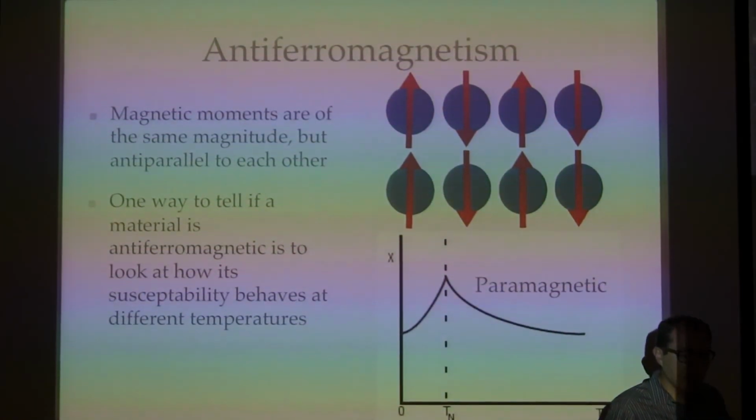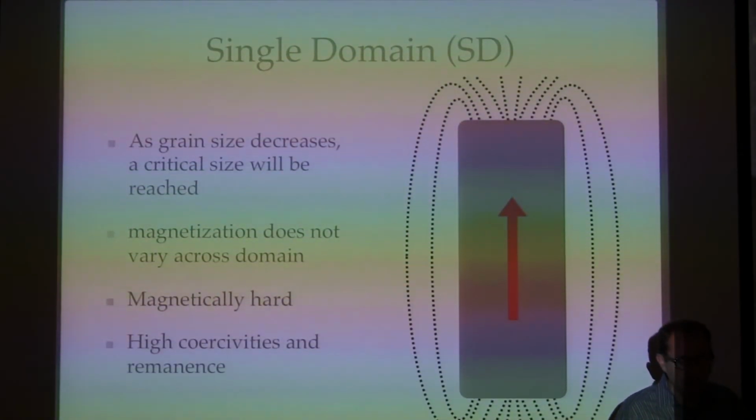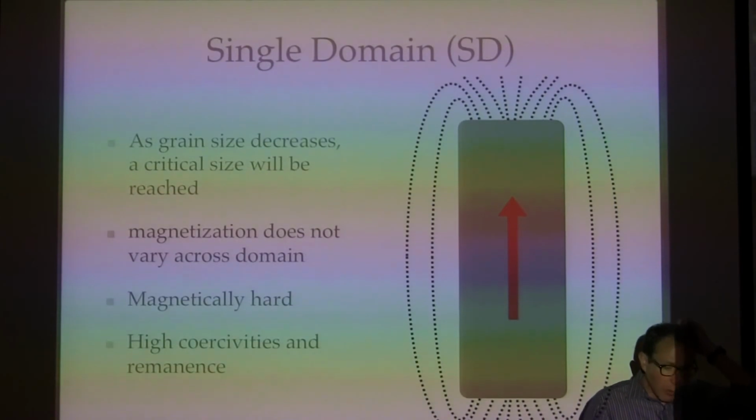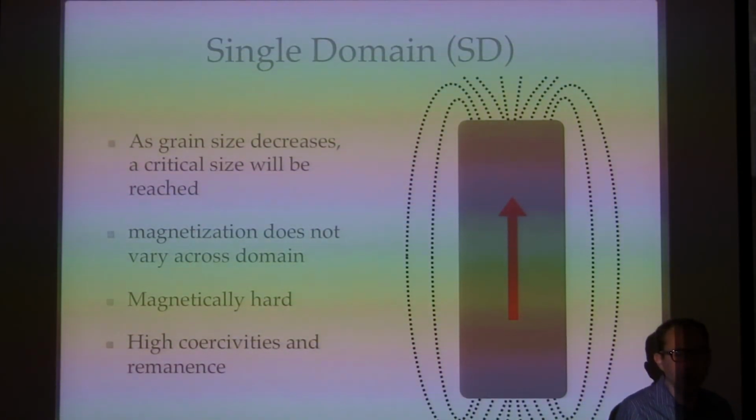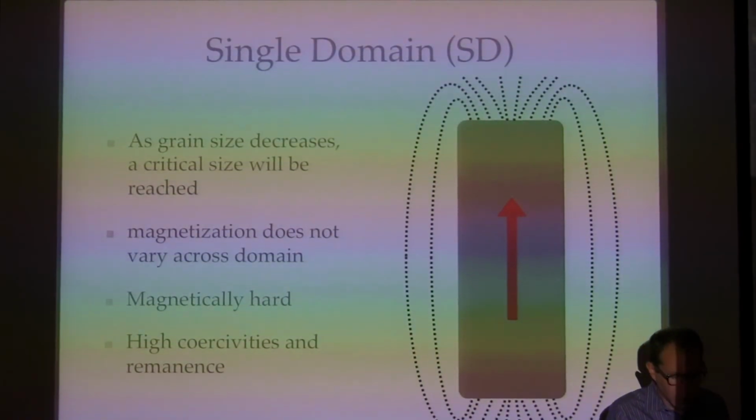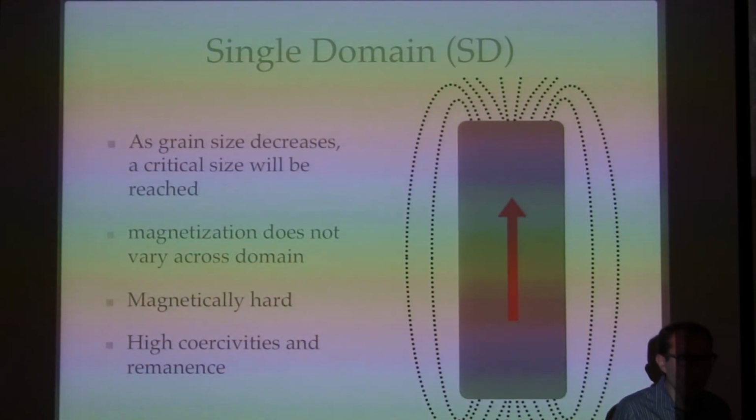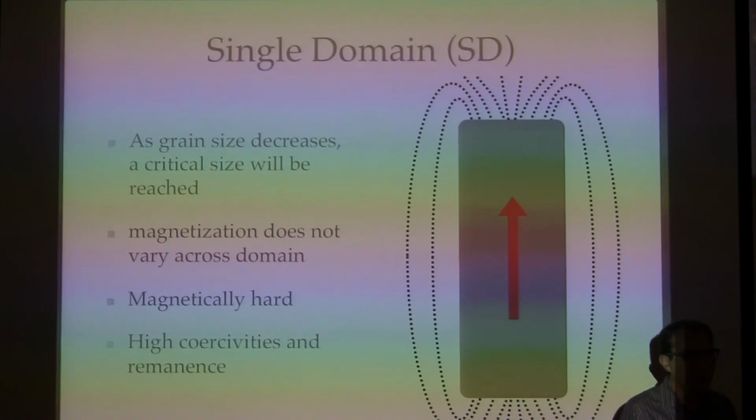And then the final thing, and this is where my group spends most of its time, is we've talked about multi-domain particles. What we do is make magnetic nanoparticles. The size of the particles ranges from about 5 nanometers all the way to about 25 nanometers depending on the material.